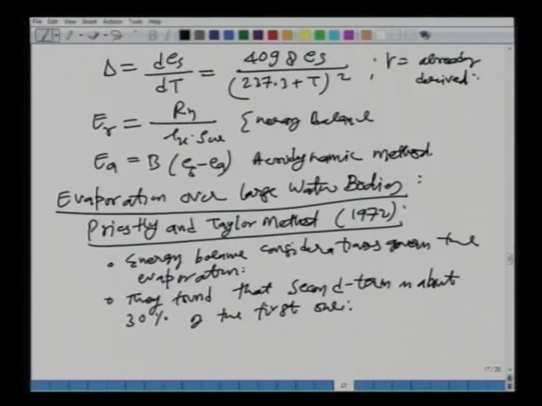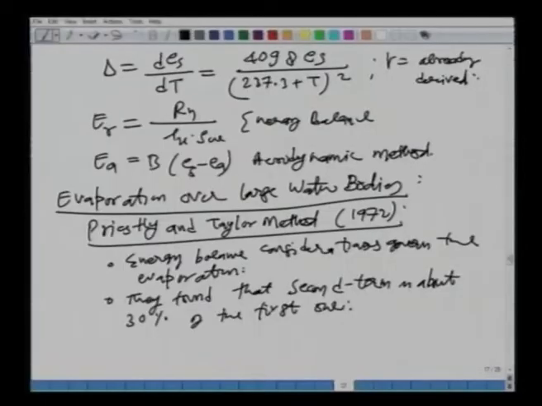What is the second term? Well, the second term in your combined method is the aerodynamic term, which has a certain weightage times E_A, and E_A is the rate of evaporation estimated due to the aerodynamic method. So, what they are saying is that the importance of the aerodynamic method is about 30% of the importance of the energy balance method.